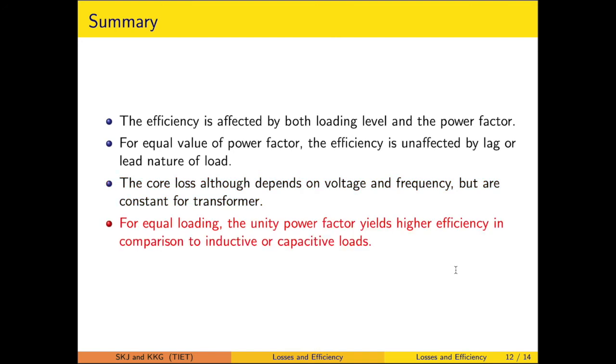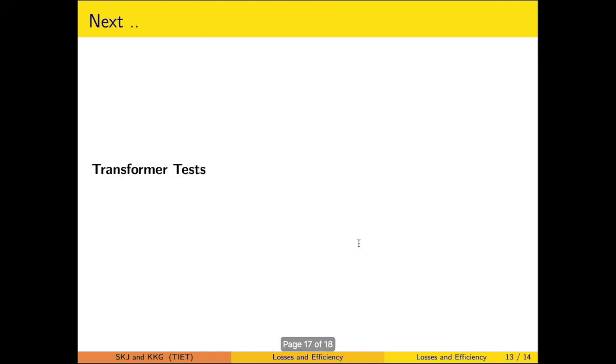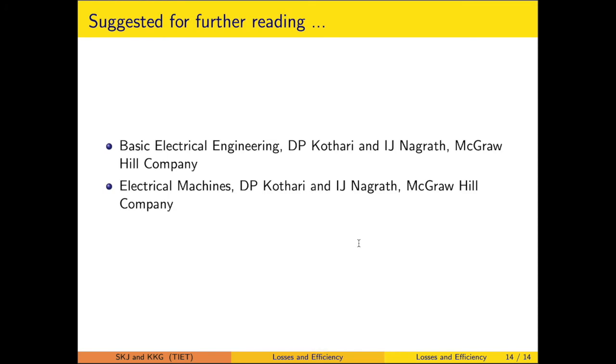For equal loading, the unity power factor yields higher efficiency in comparison to the corresponding inductive or capacitive load. So the load level is basically the current level. Next, we will be discussing the transformer test, and for further reading you can refer to these two textbooks.